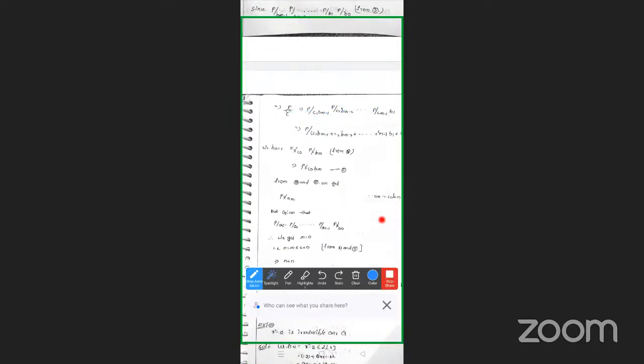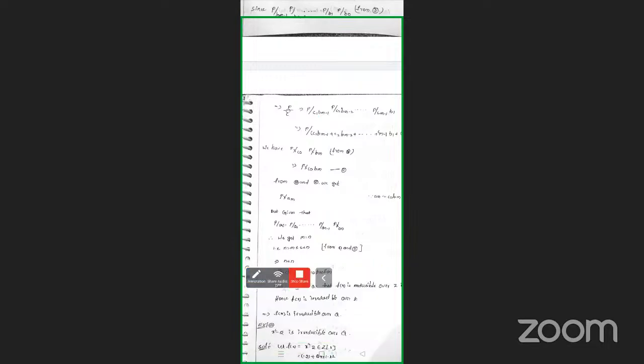So p divides c1 into bm minus 1, p divides c2 into bm minus 2. So multiply.